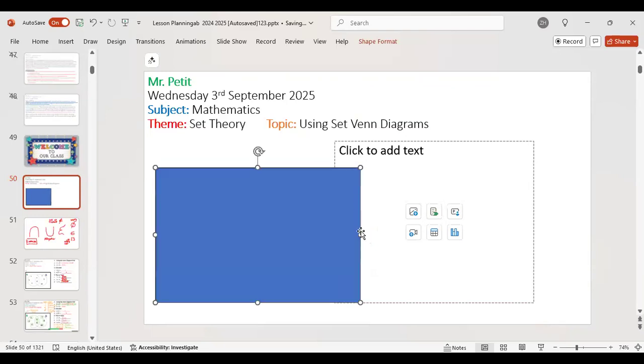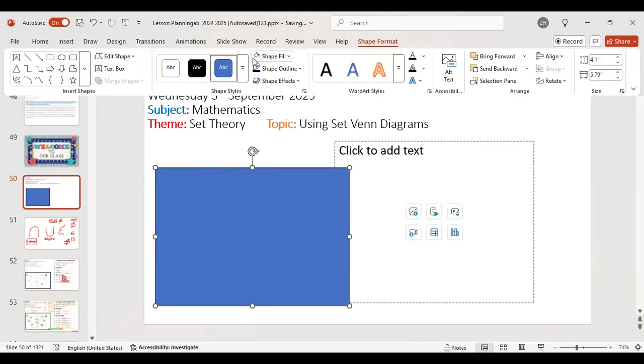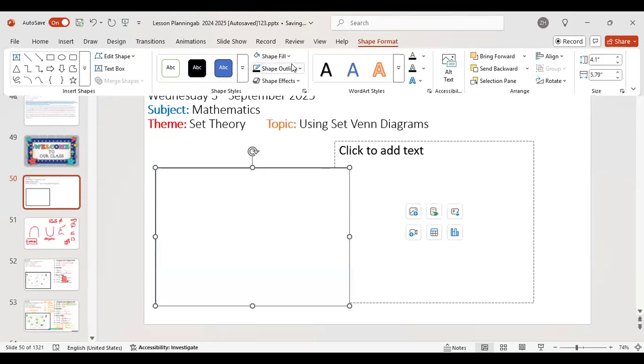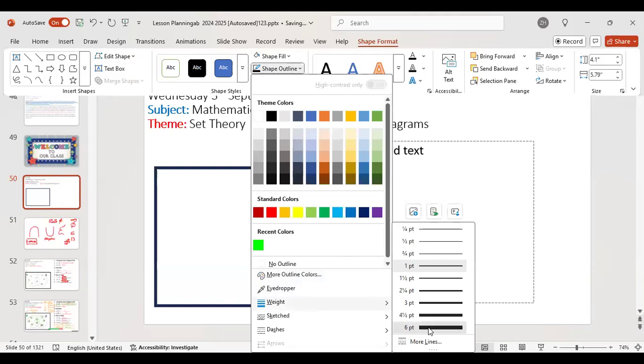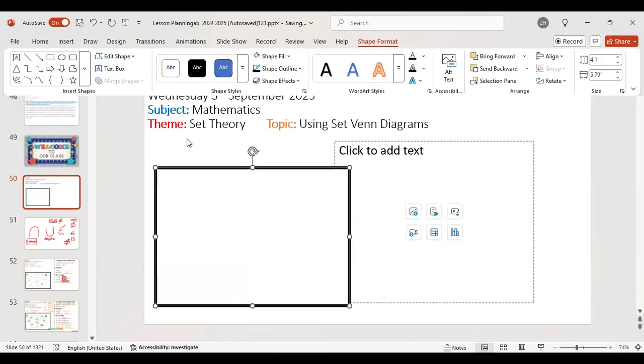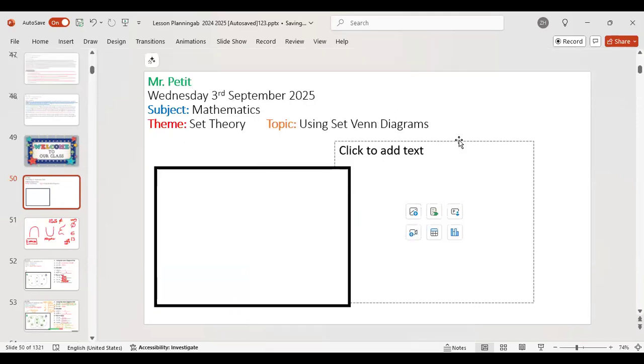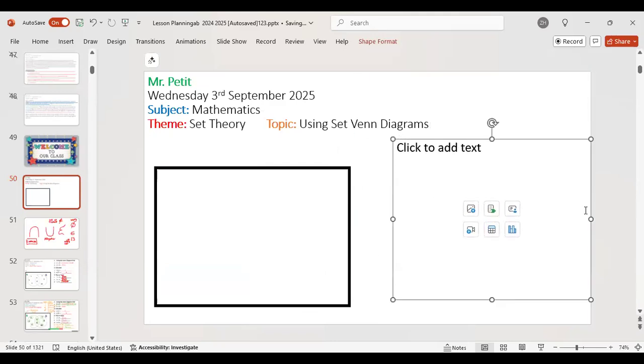And that should be good enough. So at first, it's going to be empty, so let's set the shape fill to empty. We're going to make the outline a bit thicker, okay? Let's put black on that. And then I'm going to draw what's inside of it.